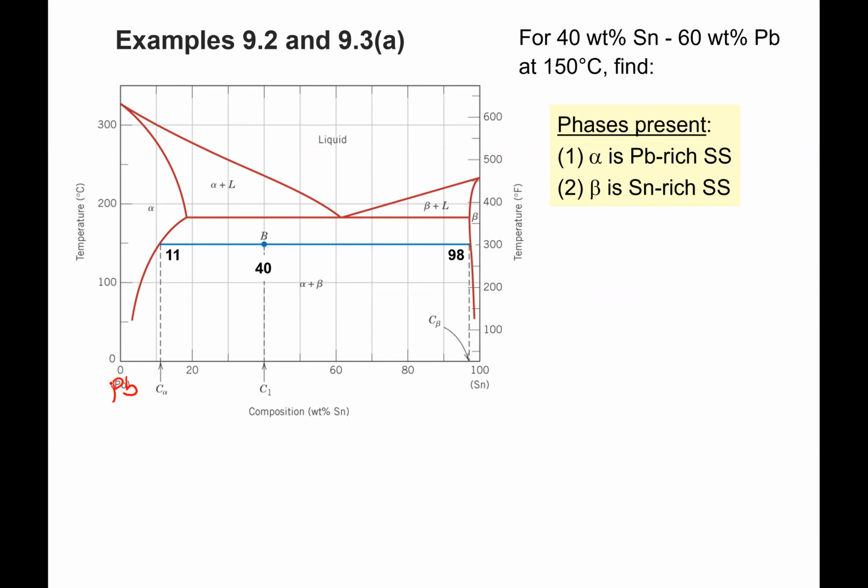By the way, the lead-tin system used to be the solder of choice for your copper plumbing. We don't use it anymore because, of course, the lead. But the reason why this was a good solder is because it's a eutectic system. For a good solder, you want something that's easily meltable, and you'd like it to melt at one temperature, where most alloys, of course, will melt over a range of temperatures.